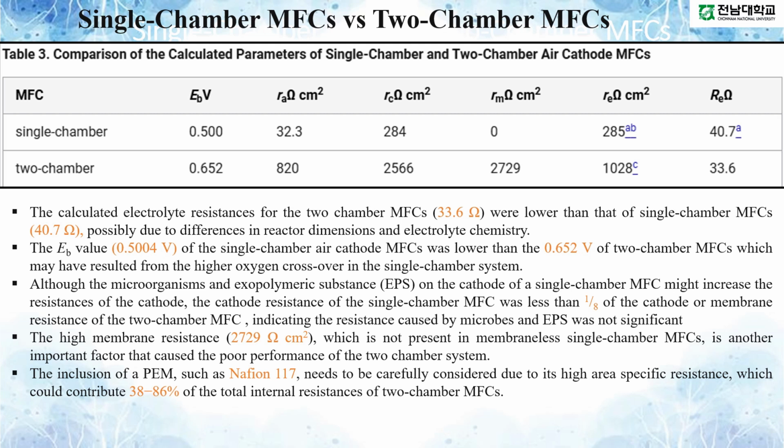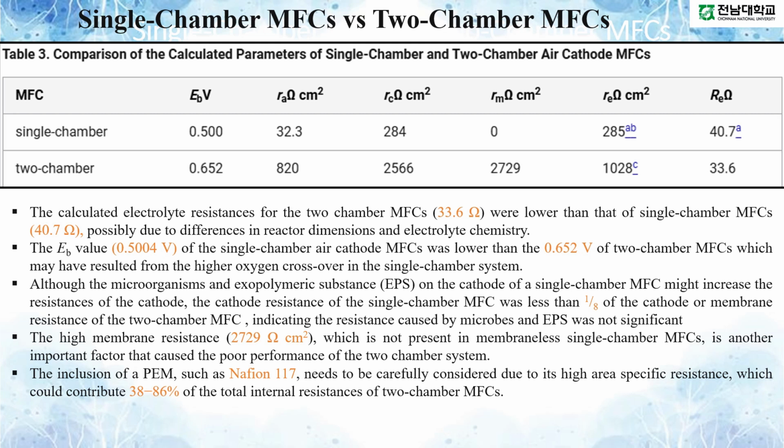Although the microorganisms and exopolymeric substance on the cathode of a single-chamber microbial fuel cell might increase the resistance of the cathode, the cathode resistance of the single-chamber microbial fuel cells was less than 1/8 of the cathode or membrane resistance of the two-chamber microbial fuel cells, indicating the resistance caused by microbes and EPS was not significant.